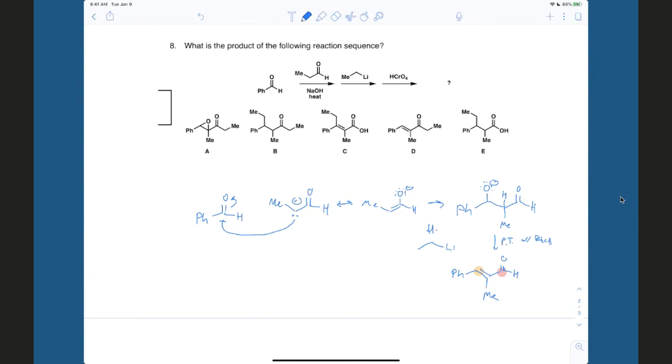This is a hard nucleophile. 1,2 attack. Boom. Hard-soft chemistry isn't too hard once you get the hang of it. This will give us at first an alkoxide.